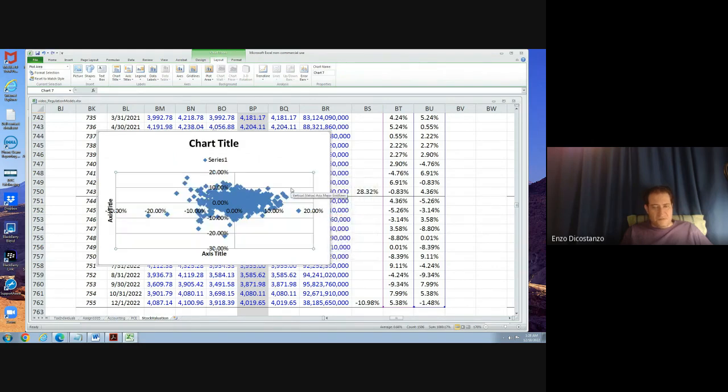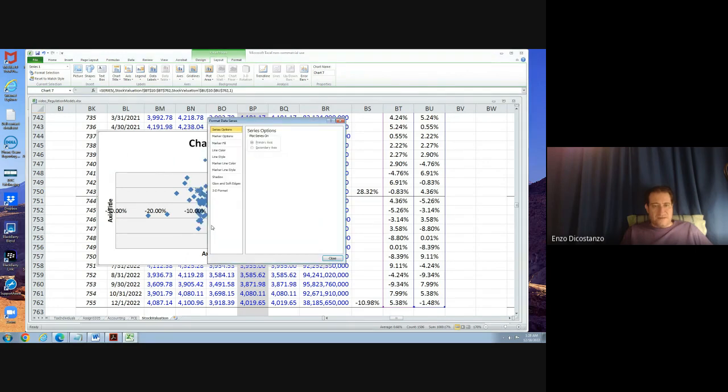Whoops, not what we wanted. I didn't want that. This is outline. Fill is very light. Format the series, option built in.